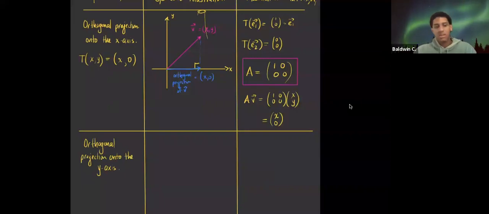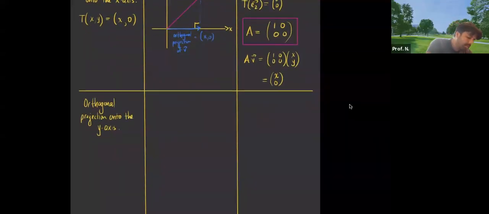Basically eliminates the y-axis, yes. Right. So now in this case, we have T of x, y, right? But by the symmetric argument, the result will be what? 0 comma y.